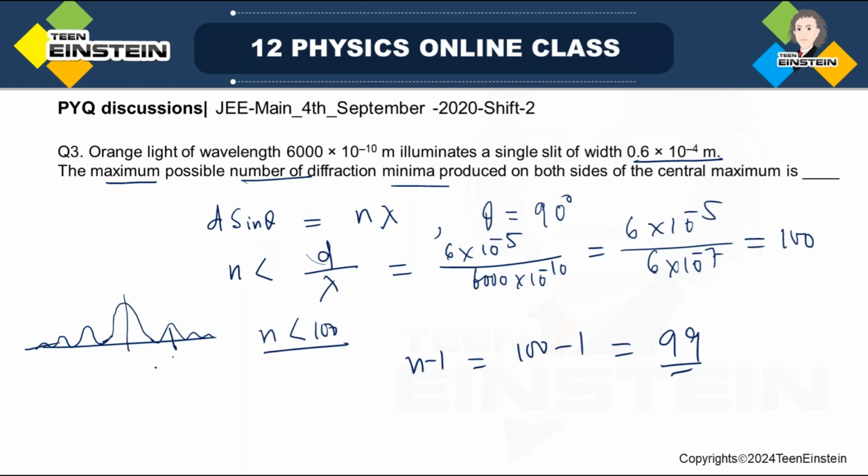Okay, so that's why both sides it will be there. So the possible number of diffraction minima will be 2 into n minus 1, that means 2 into 99, which is 198.